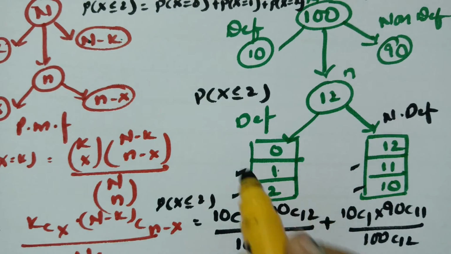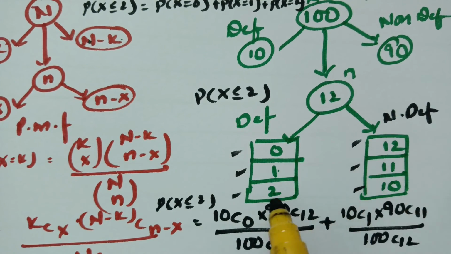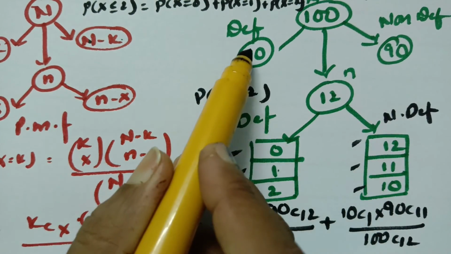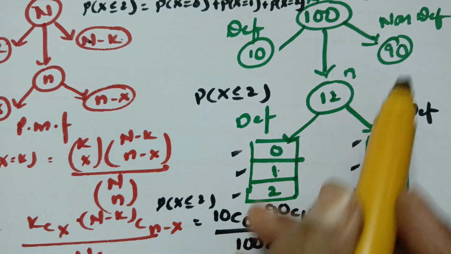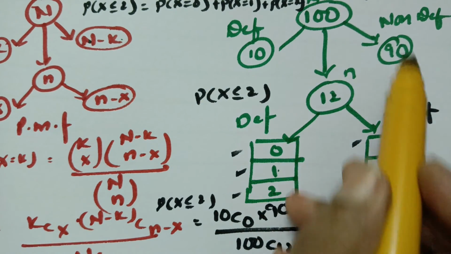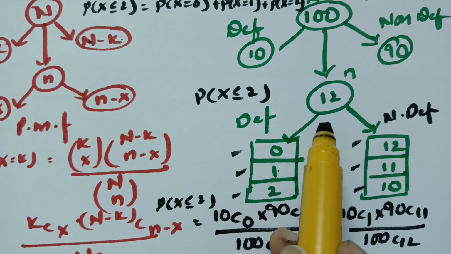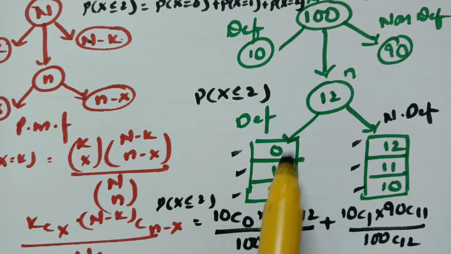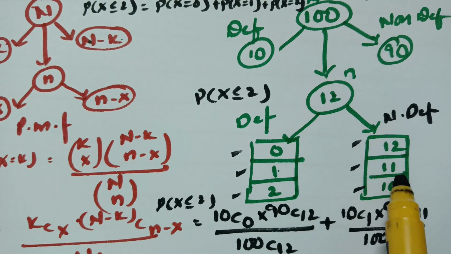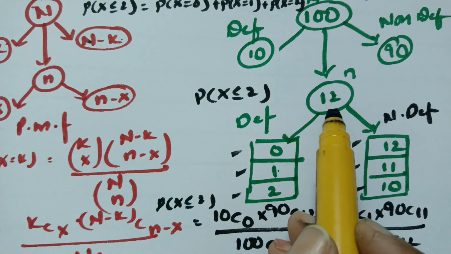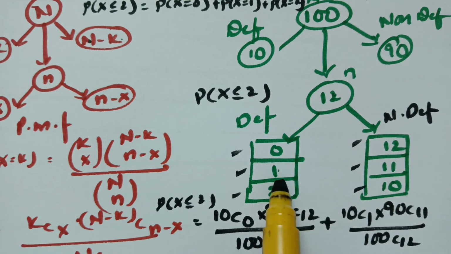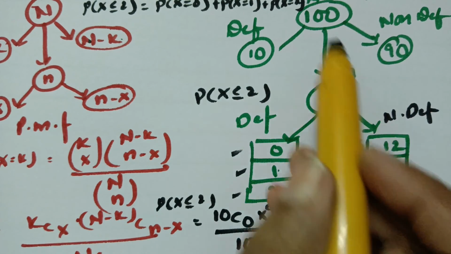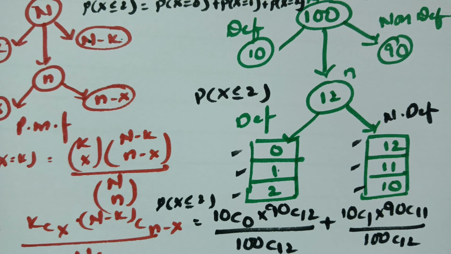For 0 this is 12, for 1 this is 11, and for 2 this is 10. So we go with 10C0 times 90C12 divided by 100C12, plus 10C1 times 90C11 divided by 100C12, plus 10C2 times 90C10 divided by 100C12. So that will be the answer.